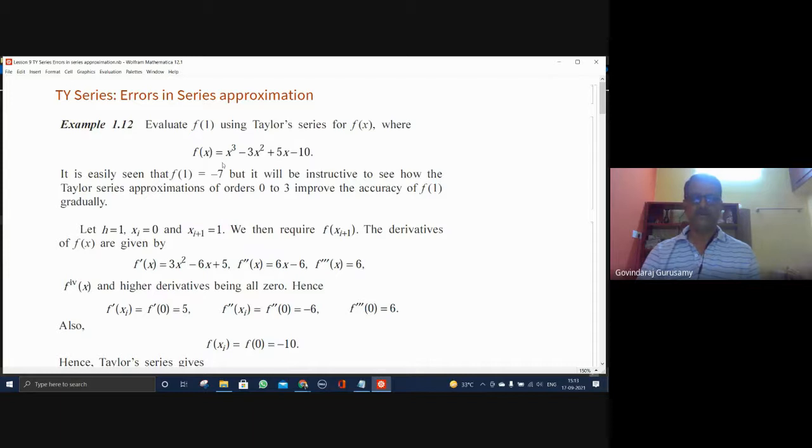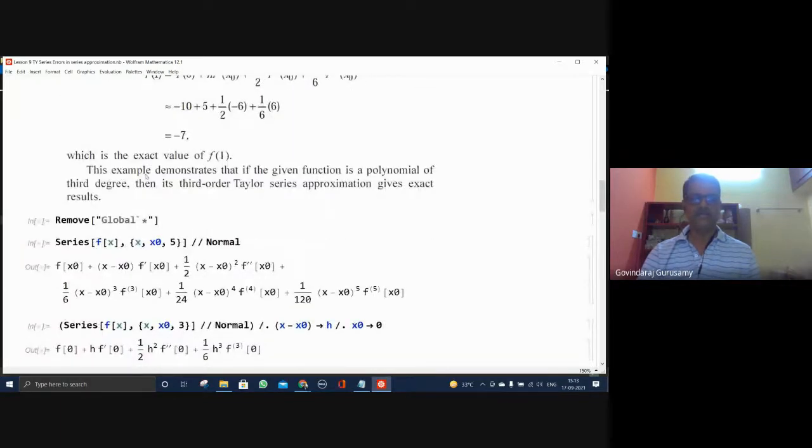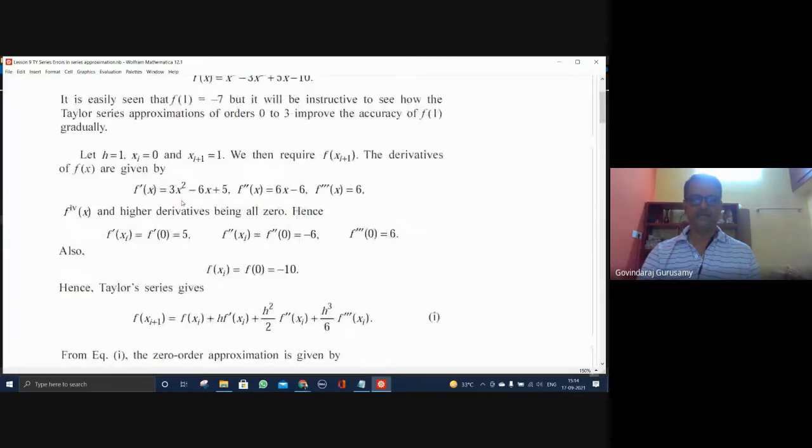So it gives a direct explanation. In fact, that is what he has explained. This example demonstrates that if the given function is a polynomial of 3rd degree, then its 3rd order Taylor series approximation gives the exact result. That's the message that he wants to give by explaining this problem systematically following the Taylor series procedure.